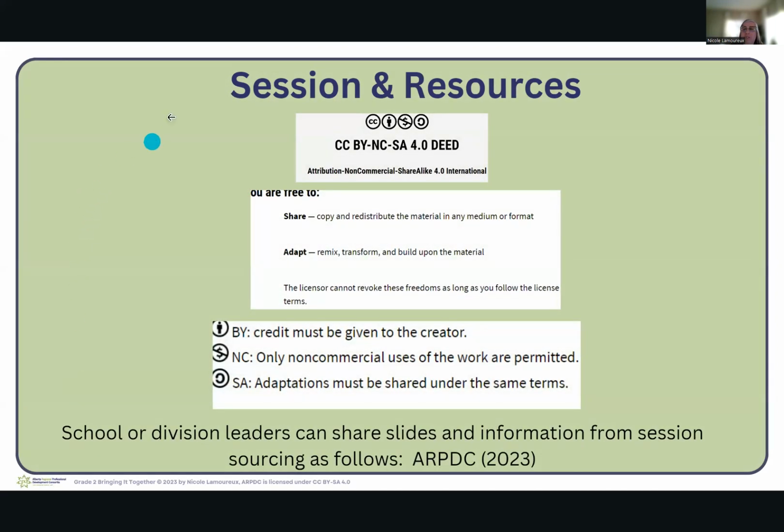Okay. So the information in this session, as well as the slides and the resources that were developed, are under what is called Creative Commons licensing. What that means is you're free to copy and redistribute the material in any medium or format. You can remix, transform, or build on this material.